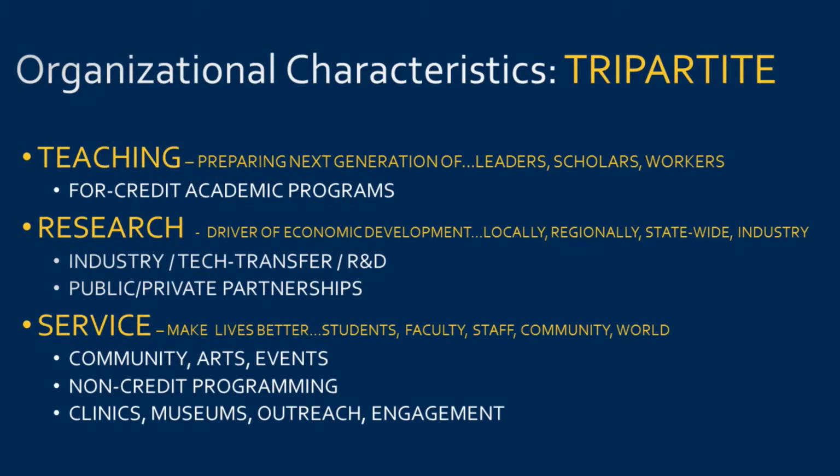Some, like the land-grant institutions, may have stronger service and outreach components or legs, but in general, we can say that the organizational characteristics of higher education has this tripartite mission: teaching, research, and service.